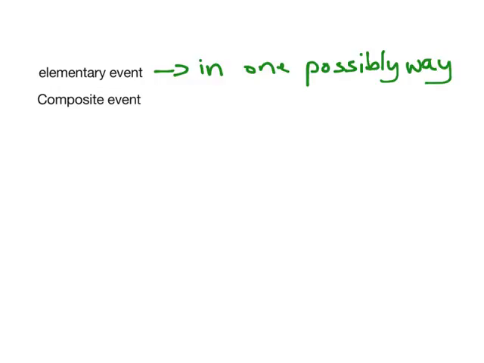So if we have an elementary event, it can only happen in one possible way. Now, composite, on the other hand, Bongs, what do you think composite means? Okay.